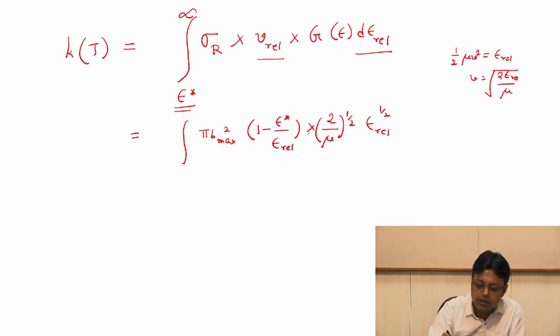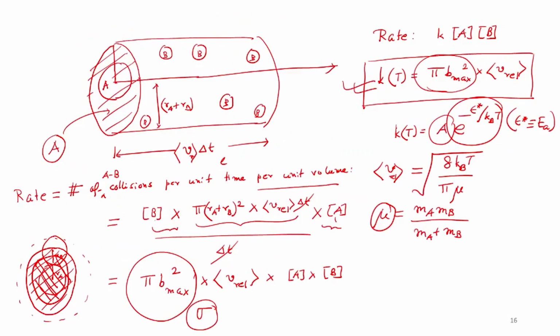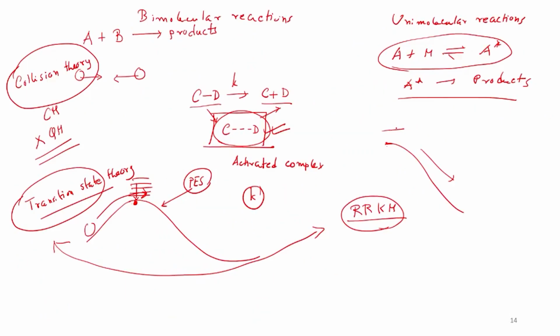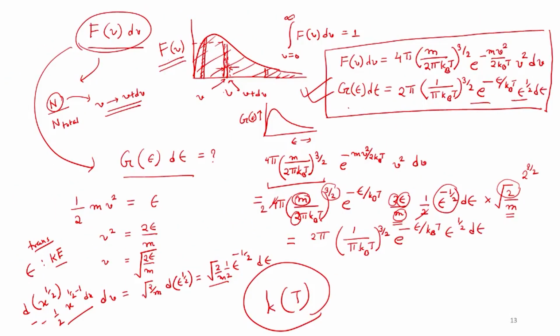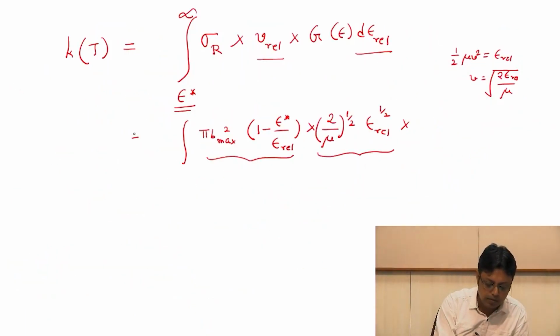So this is sigma r, this is the relative velocity expression, and then, if you remember the distribution which we just got, it is 2 pi times 1 by pi kBT raised to 3 by 2, e to the power minus epsilon by kBT, epsilon to the power half d epsilon.